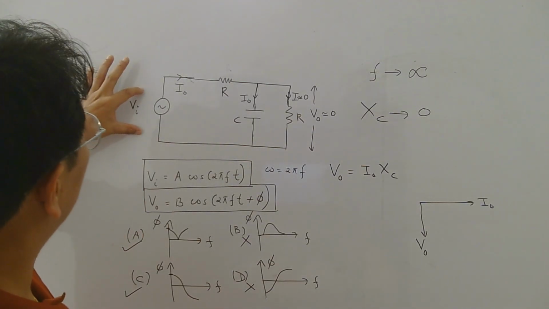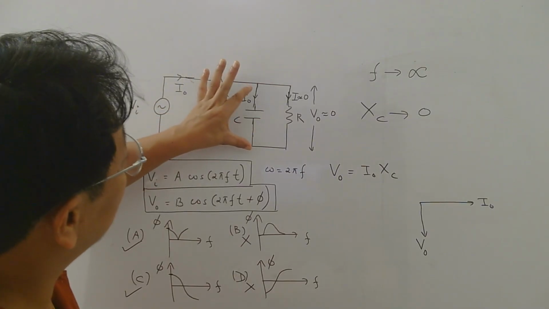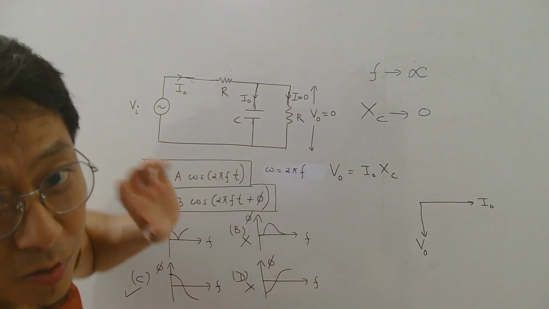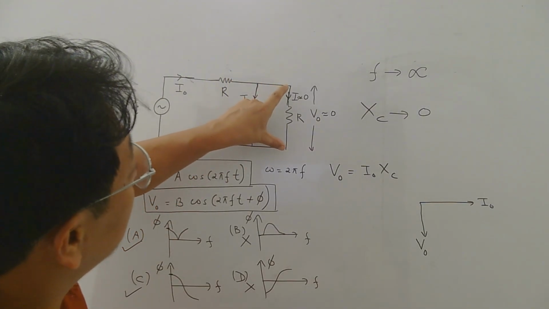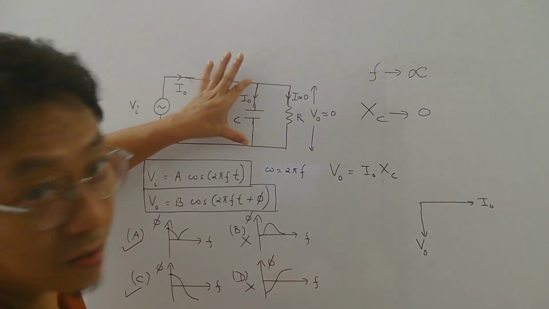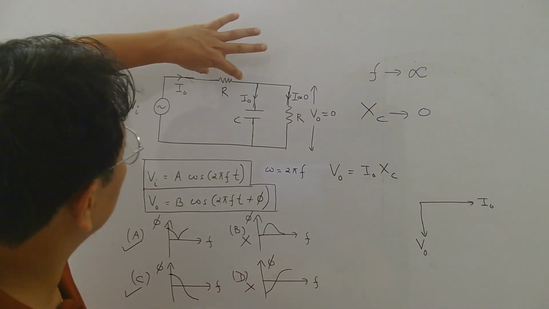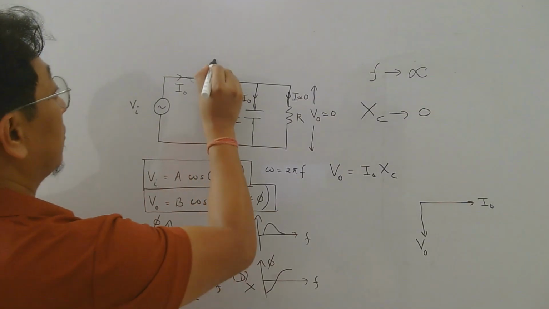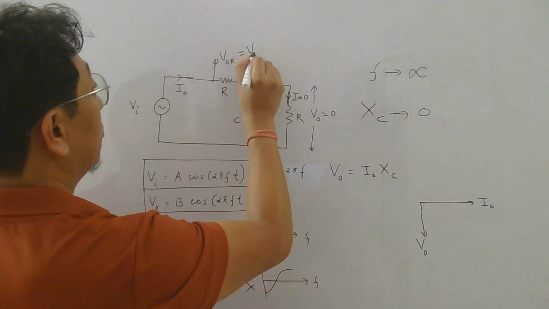And input voltage will be divided here and here, but this voltage is almost 0, I told, because resistance is finite, current is almost 0. So since here the voltage is almost 0, that means this voltage is also almost 0. Therefore the input voltage will be across this resistor. So whatever is the voltage here, that will be your input voltage.